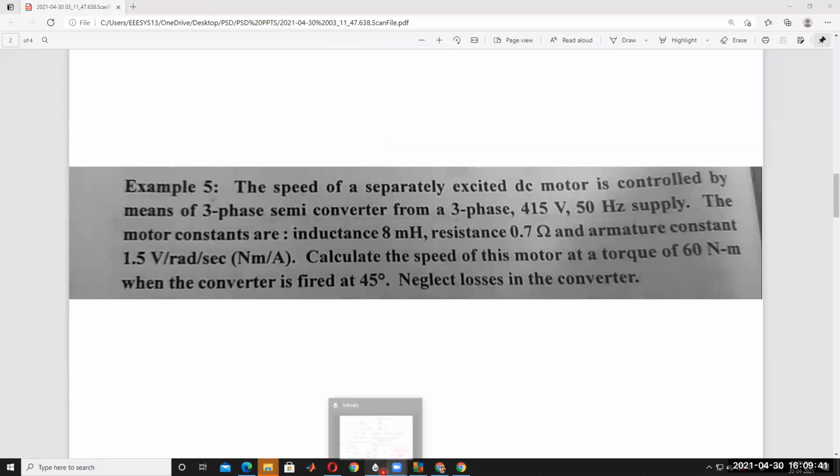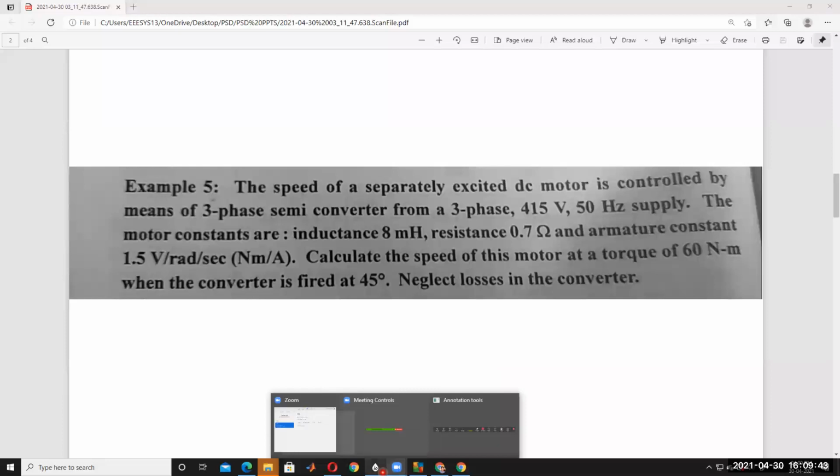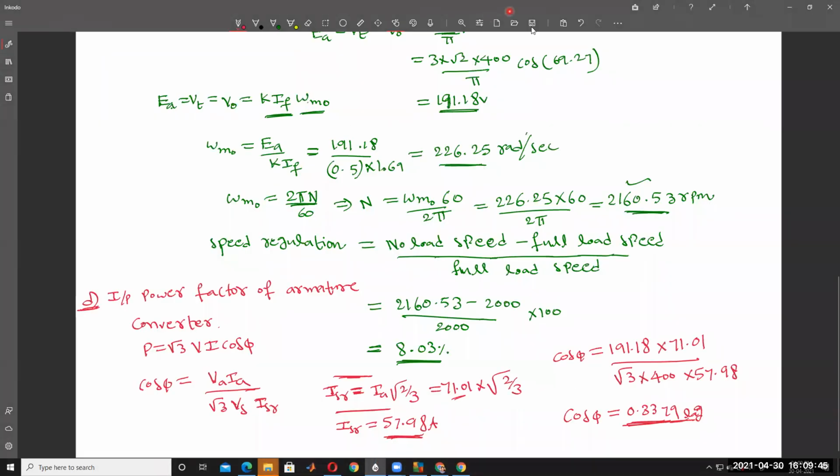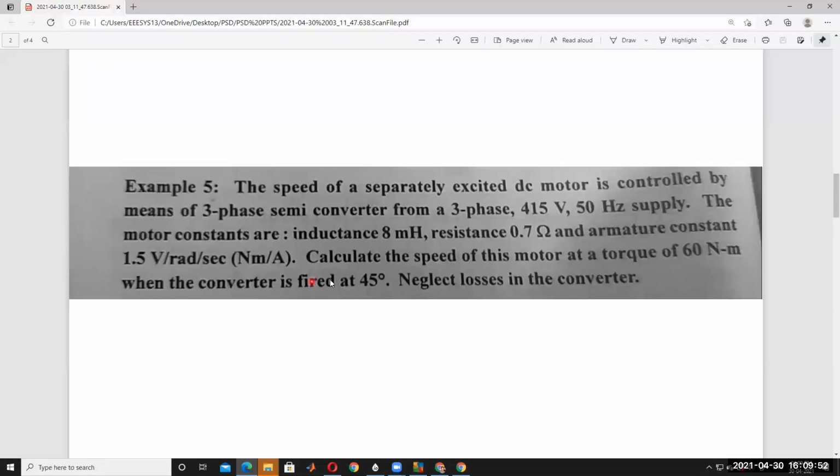First write the given data. The speed of a separately excited DC motor is controlled by means of a three-phase semiconverter from a three-phase 415 volts 50 Hz supply. That is called line voltage.